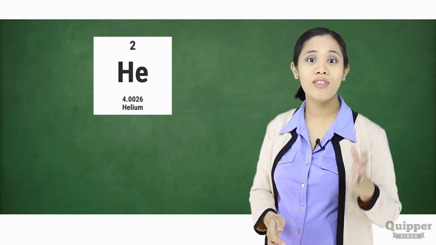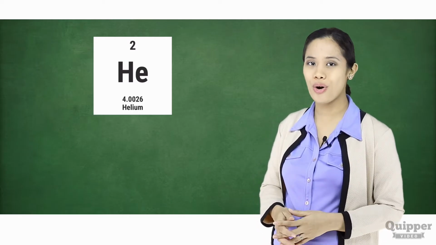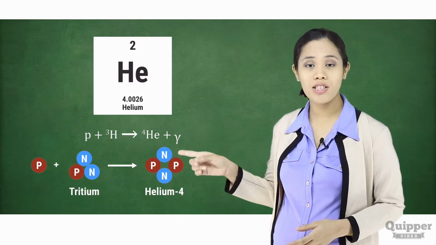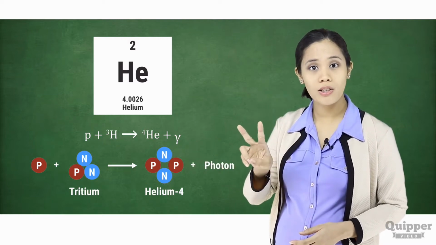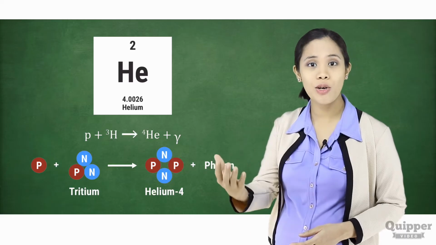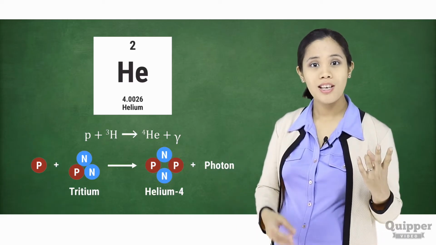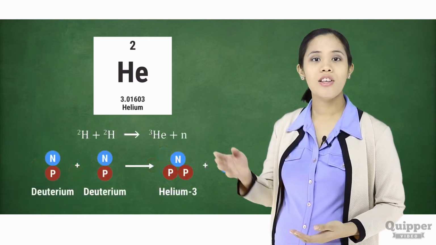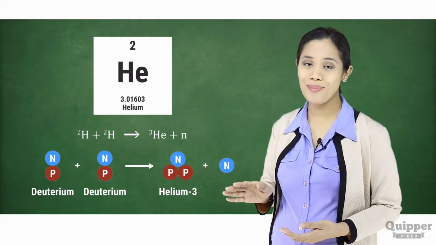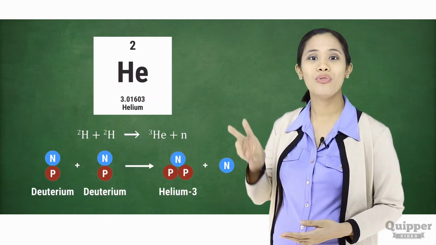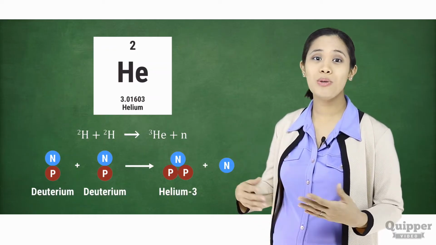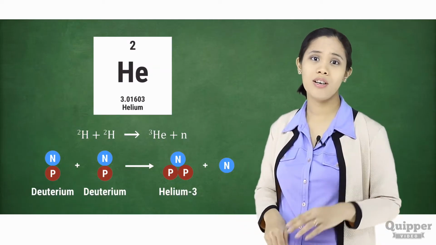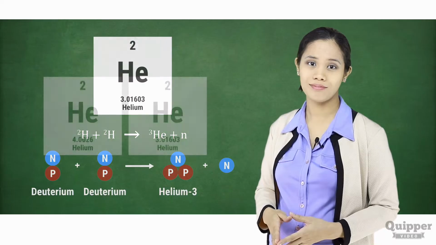The nuclei of the next element, helium, were formed. When the tritium nucleus came across a proton, the two particles combined into a helium nucleus with two protons and two neutrons, known as helium-4. Another path that led to helium was the combination of two deuterium nuclei to produce a helium nucleus with two protons but only one neutron, helium-3.